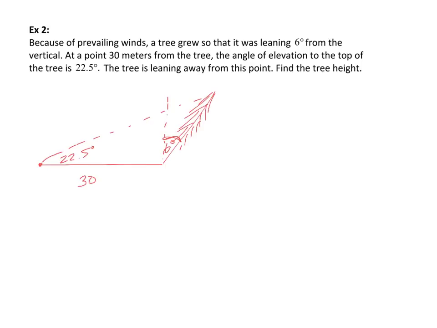Now it says the tree is leaning away from this point. That's how we knew to set up this triangle here. Find the tree height. So I need to find h, the height. This is a vertical line, so that's 90 degrees, which makes this whole angle here 96 degrees.